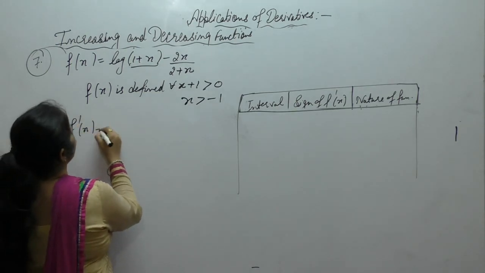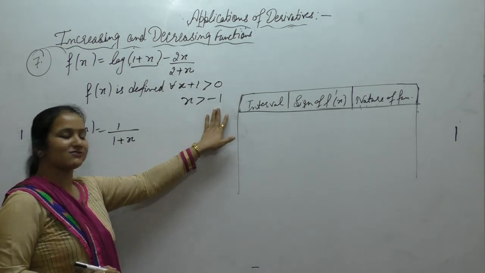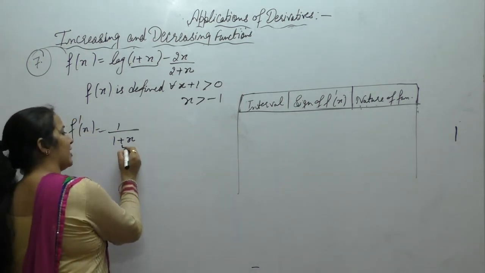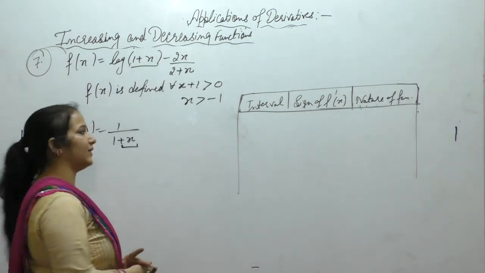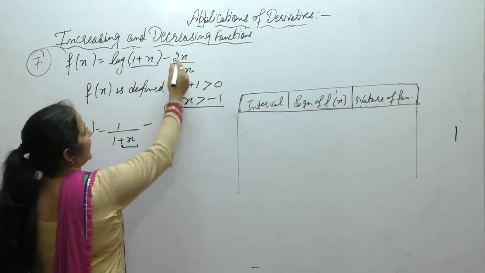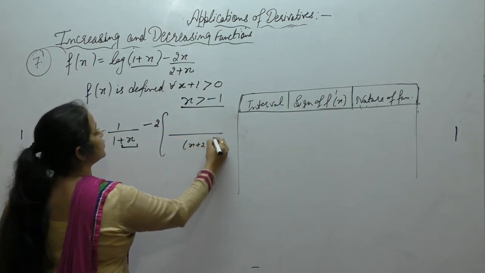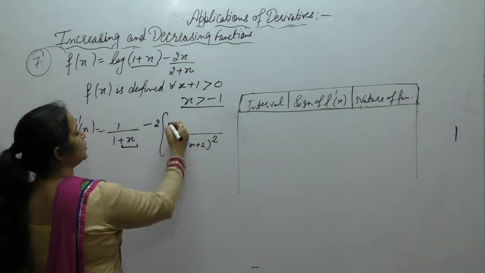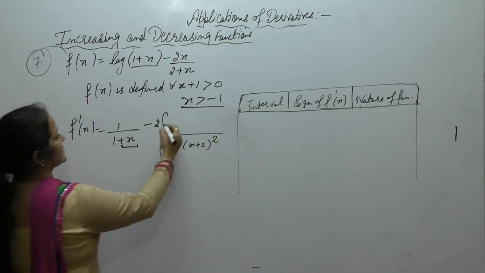Now take the derivative. Derivative of log. If x is minus 1, then here 1 minus 1, 1 upon 0, infinity. So function will not be defined. Therefore x should be greater than minus 1. Derivative of this, 2 is common. x plus 2 whole square. u dash v. 2 plus x as it is.